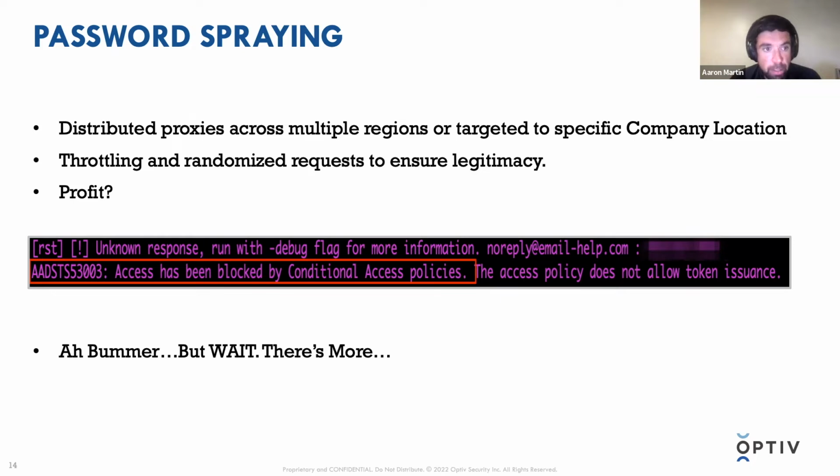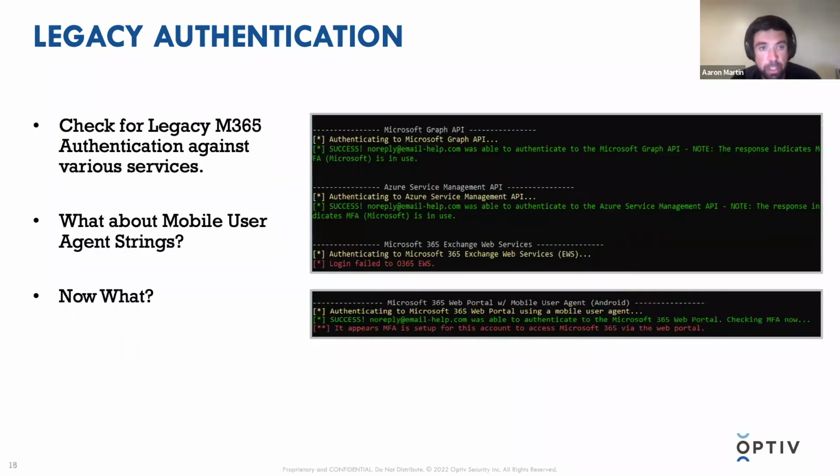So now let's move on to, let's say we do get a valid password. There's error codes that you can use when you're debugging a lot of these different tools that will tell you what that AAD error code is. In some cases, there's an error code known as conditional access, or token not issued due to conditional access problems.